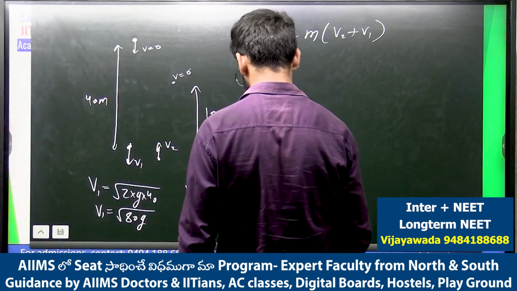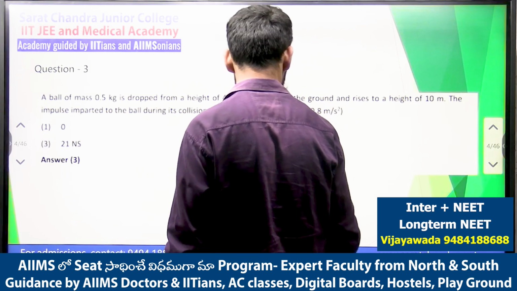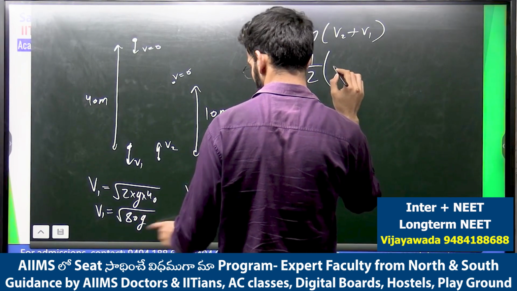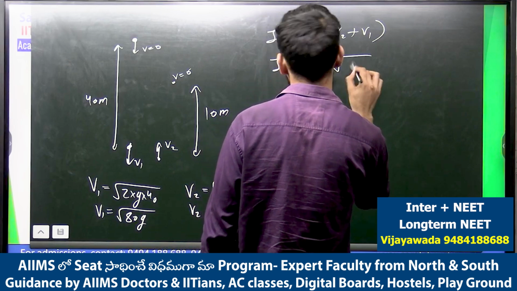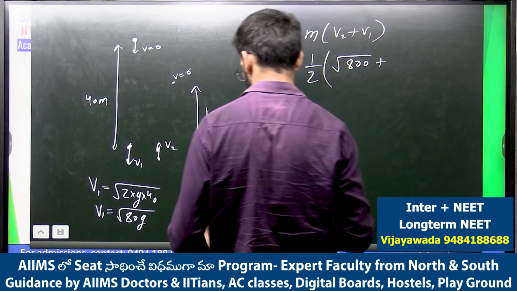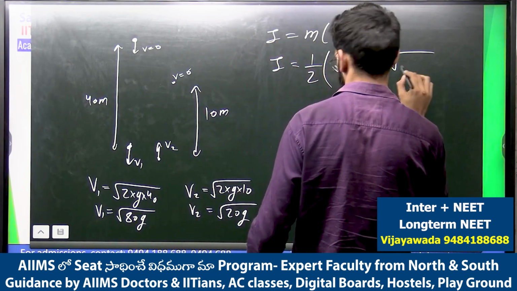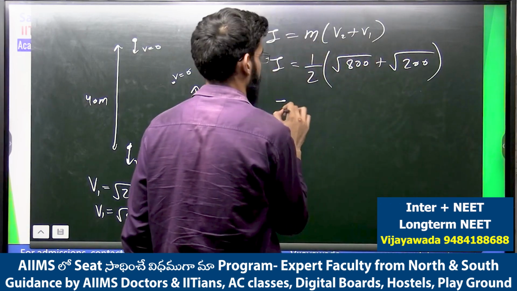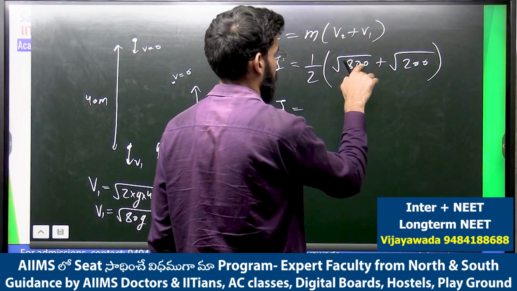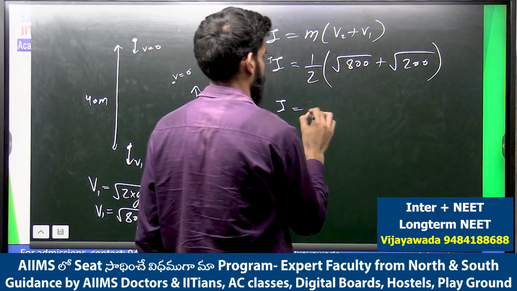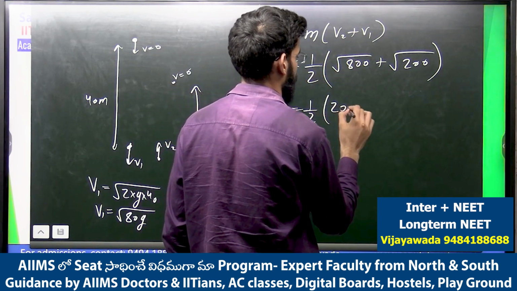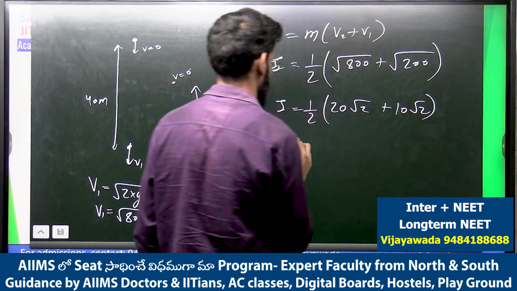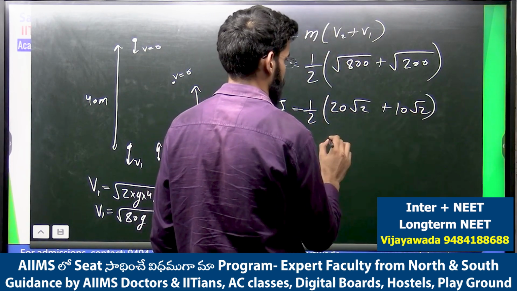So m is how much? m is 0.5, 1 by 2, and v1 is root 800 plus v2, which is root 200. Okay, so I equals what? Here 400 is 20, so 1 by 2 as it is, 20 root 2 plus 10 root 2. Okay, I equals 30 root 2, right?